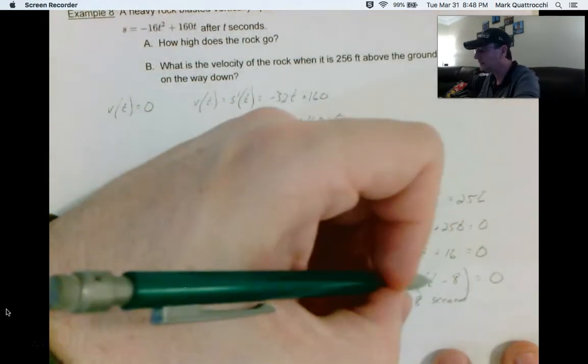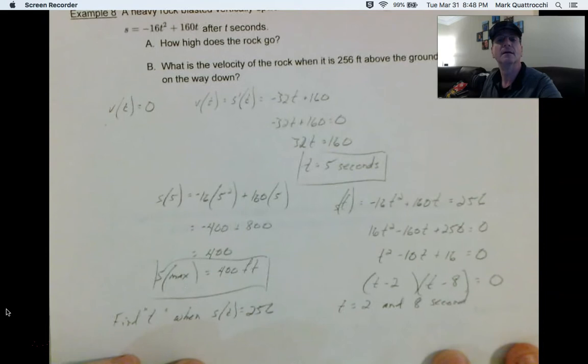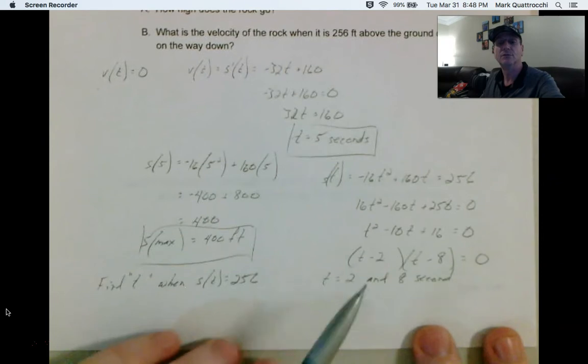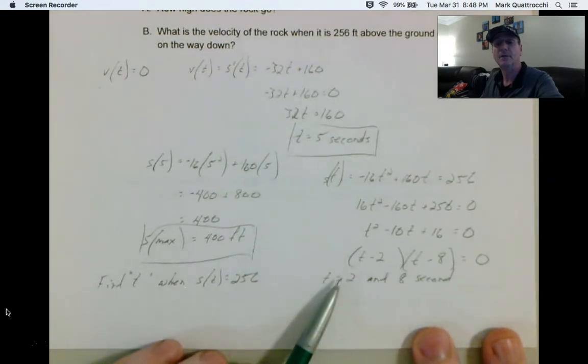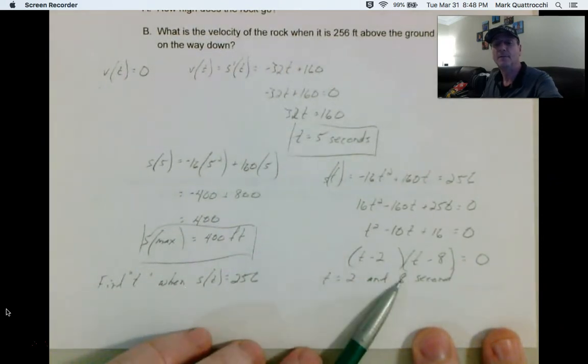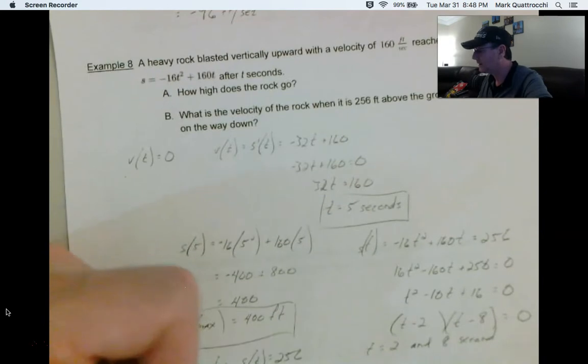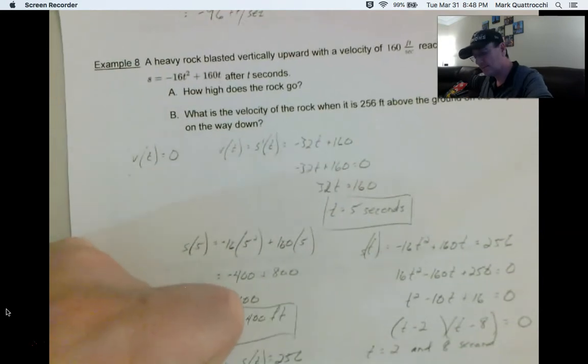Which means, what is the velocity of the rock at 256 feet? So this is the time when the rock is 256 feet on the way up and on the way down. We want to know what's the velocity at those. So we want to find v of 2.